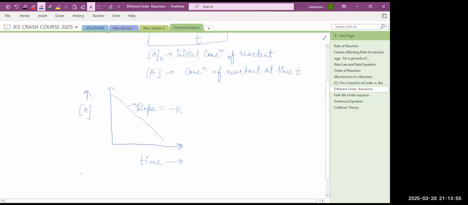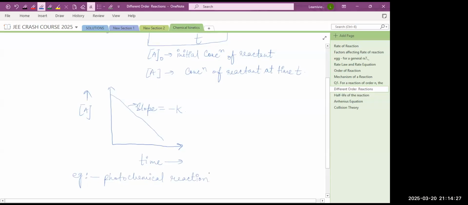Okay, and what will be an example of a zero order reaction? Anyone? Decomposition of gaseous ammonia. Any other example? Photochemical reactions also follow zero order kinetics.